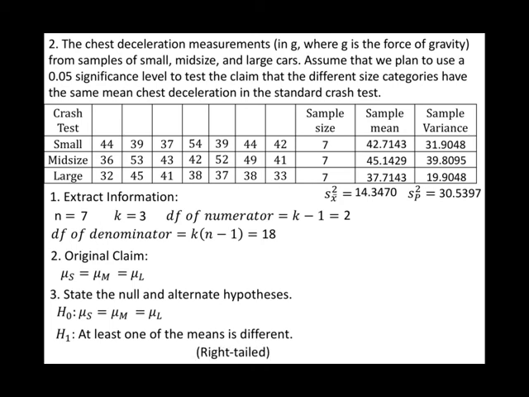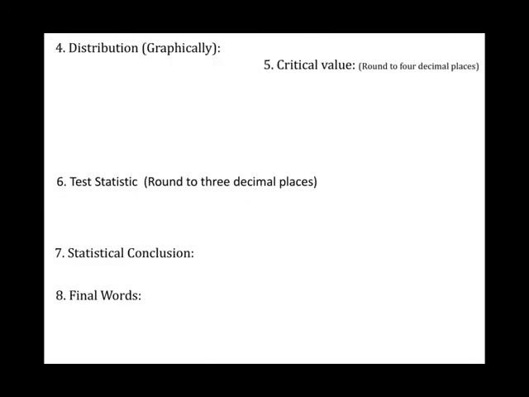And this is always a right-tail test. Okay, distribution. We are working on the critical value method. So area of the right tail will be equal to your significance level, which is 0.05.